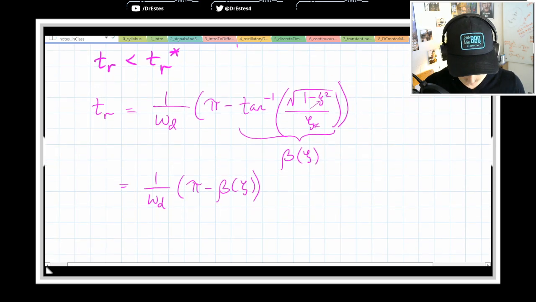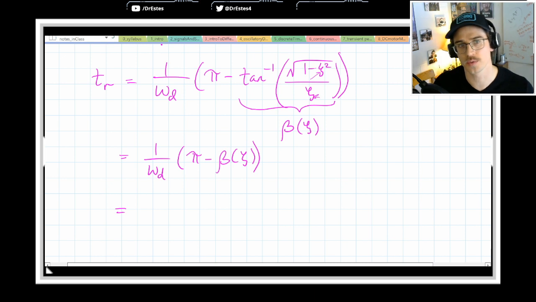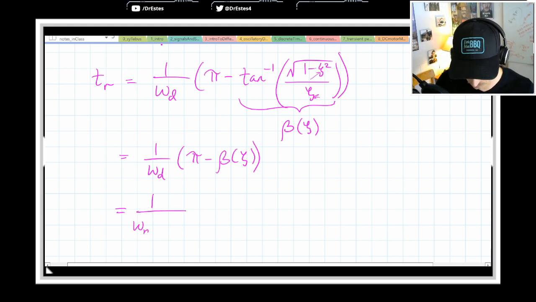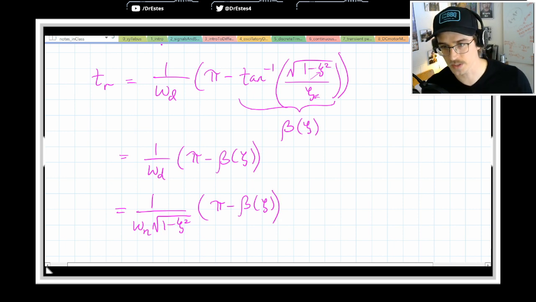All right. Oh, real quick. We also know that the damped natural frequency, really that's a function of your natural frequency and the damping ratio as well. So I'm substituting this expression for omega d because I want to show the natural frequency and the damping ratio in this expression.